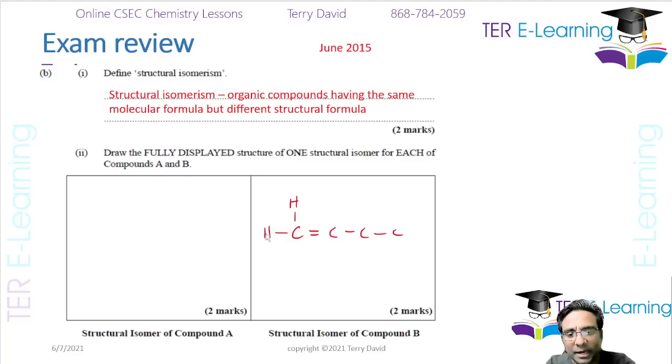You must only have 4 bonds around any carbon atom, right? So look at my diagram here and you're going to see that each carbon atom only has 4 bonds. What students make a mistake by doing, especially when it comes to the double bonds, is they put an extra bond here, which is incorrect, because what you're doing, you're introducing 5 bonds around the carbon, right? Now they want us to draw, right? They didn't ask us to name the isomer. So this is for compound B on the right hand side.